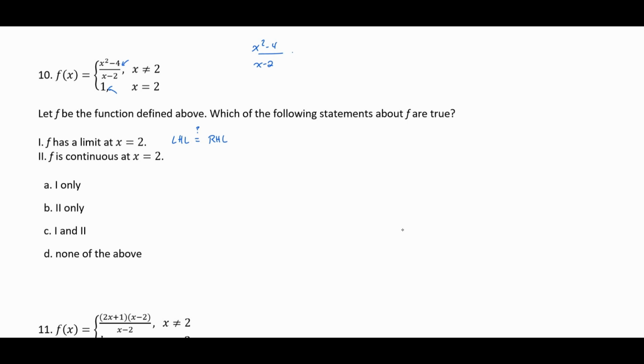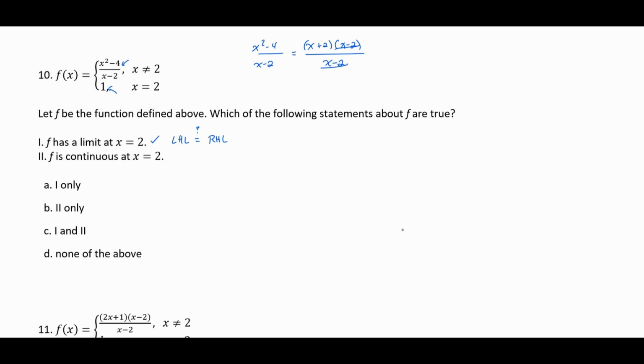And then we could factor the numerator, x plus 2, x minus 2, difference of squares. Those are going to divide out. And since nothing weird is happening when x is equal to 2 other than these being divided out, then yes, a limit does exist.